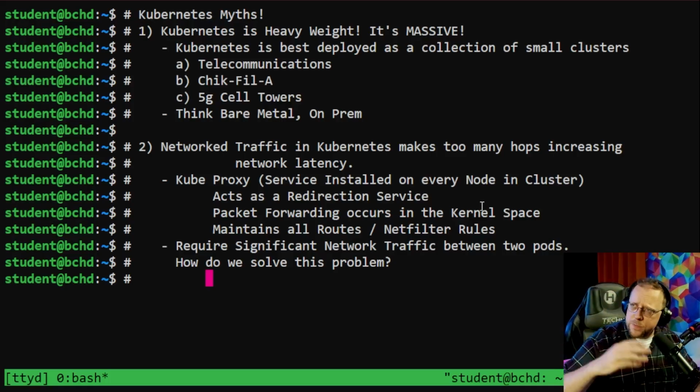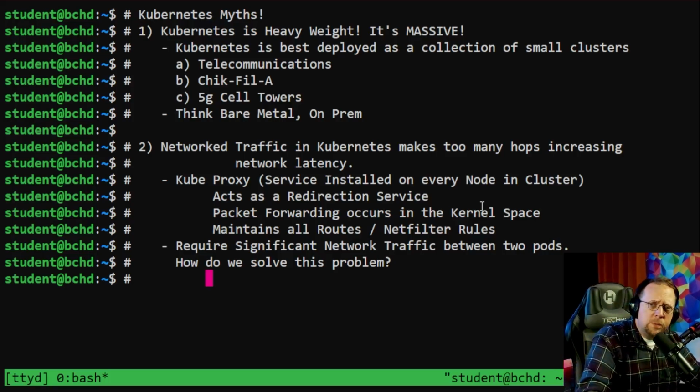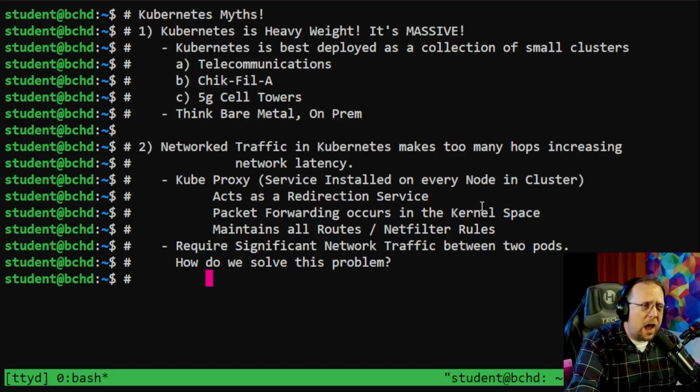What is a container? It's an isolated process. One of those namespaces of isolation is IPC. What does a pod do to the interprocess communication namespace of isolation? What does it do? It beats it down.